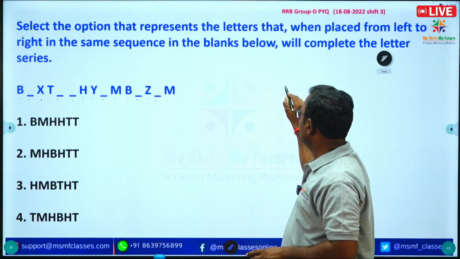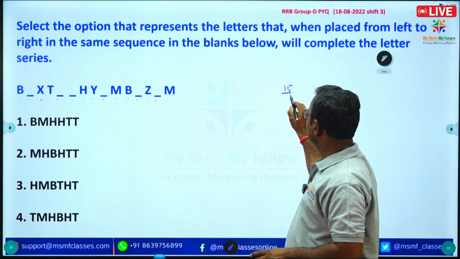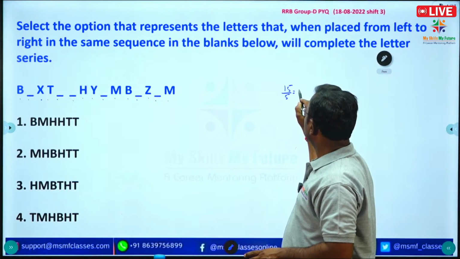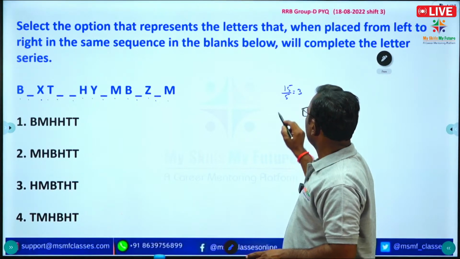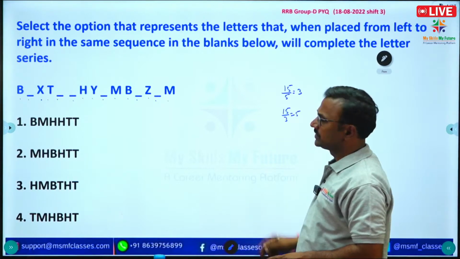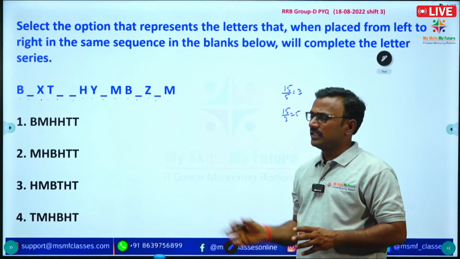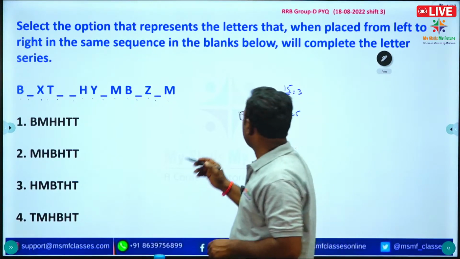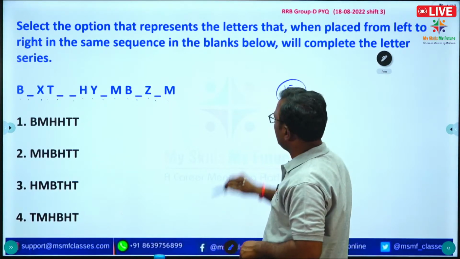So 15 by 5, we get 3 parts, or 15 by 3, we get 5 parts. So in the logic there are 5 parts or 3 parts. Here I am dividing into 3 parts.